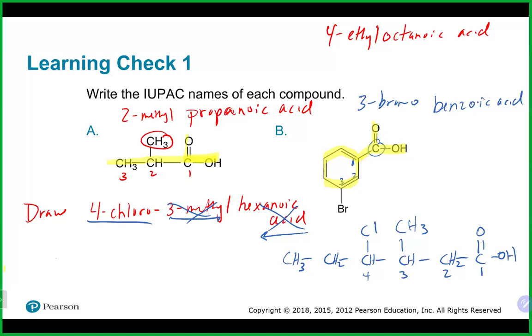All right, coming up to the top, that's 8. 4, 5, 6, 7, and 8. 1, 2, 3, 4, 5, 6, 7, 8. I'm again going to put my functional group over here on the right. You could put it on the left if you like.